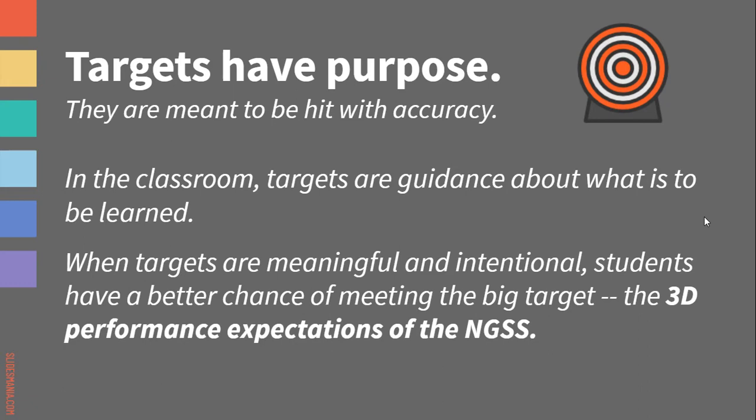It's just that the way the performance expectations in the standard documents are written are not really meant to be day-to-day lesson targets. And I'll hit that here in just a moment a little bit more. But keep in mind that targets have purpose and they're meant to be hit with accuracy. So learning targets need to be written that way.